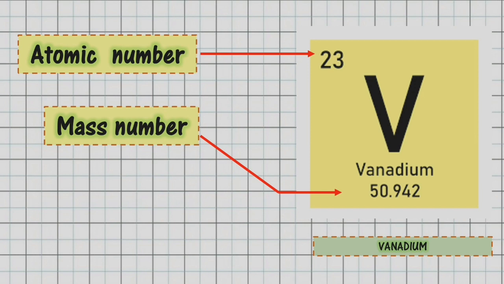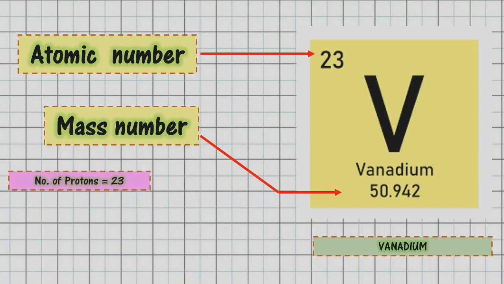So what would be the number of electrons, protons, and neutrons? The number of electrons and protons is the same, which is 23. While for the neutrons, 51 minus 23, the number of neutrons is 28.